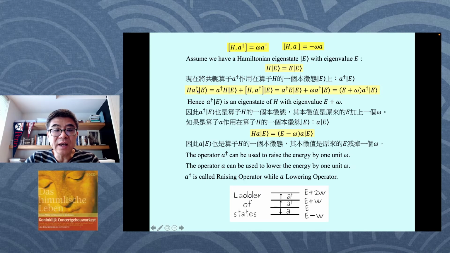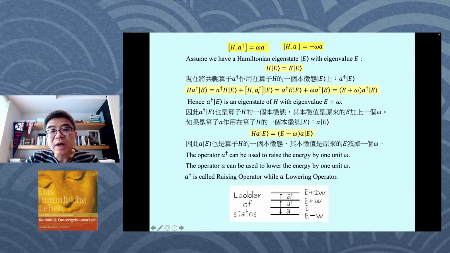However, there is an A dagger in between so that H cannot act on E to give you just a number. Therefore, I pass this A dagger through to give you A dagger H E. However, passing through two operators, you need to compensate the difference with the commutator. That's the definition of this thing. Okay.